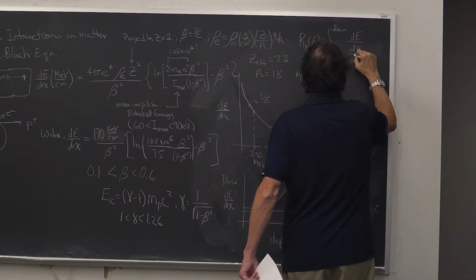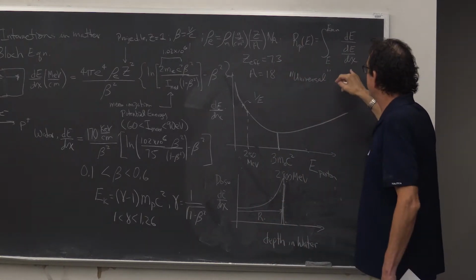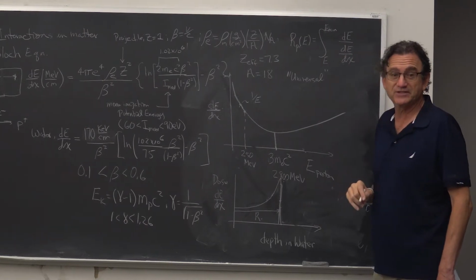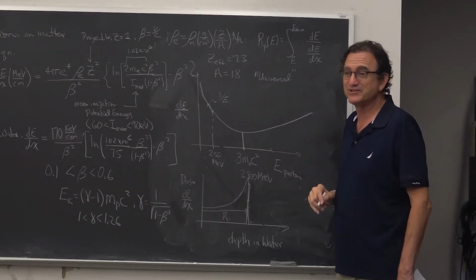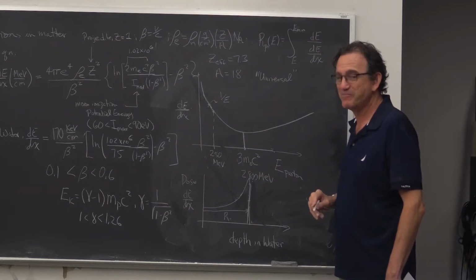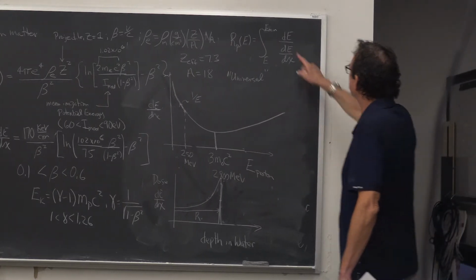And this is a sloppy physicist's way of showing you that the range R is dE/dx, because dE divided by dE/dx is just dx. Mathematicians don't like to hear that, but that's the way physicists think about it, right? This is equal to dx.